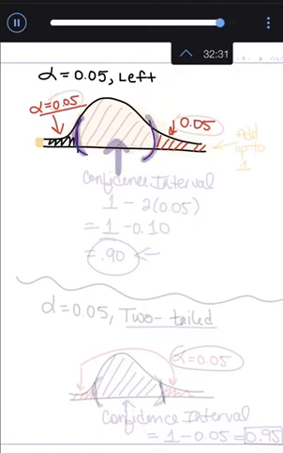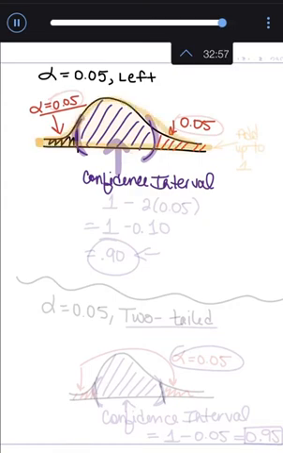So what number would go inside for my area in the middle, the way the confidence interval works? Well, remember, the entire area underneath this curve, if I took all the area from everything, both tails and the center, has to add up to 1.